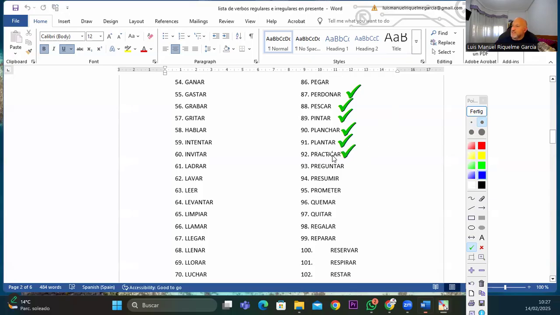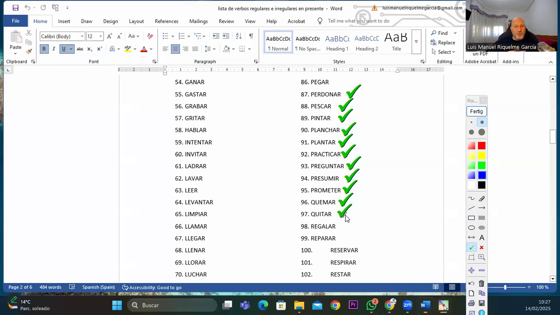Practicar, to practice. Preguntar, to ask questions. Presumir, it's to brag, to show off, to boast. Prometer, to promise. Quemar, to burn something.